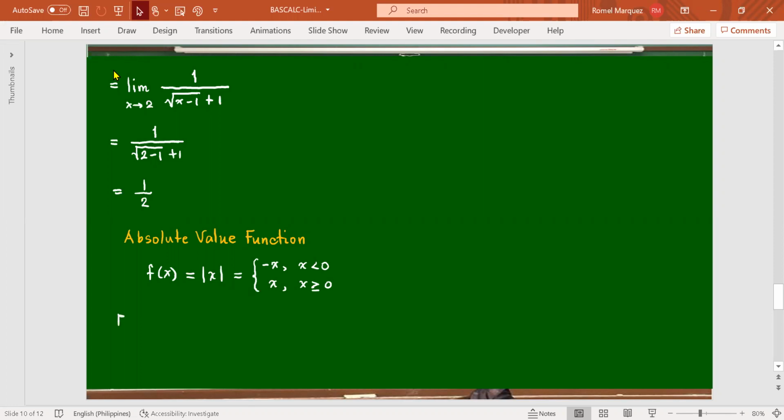So for example, if I have the absolute value of x plus 3, how are we going to remove the absolute value and express it as a piecewise function? Negate the inside: negative x minus 3 if x is less than negative 3.